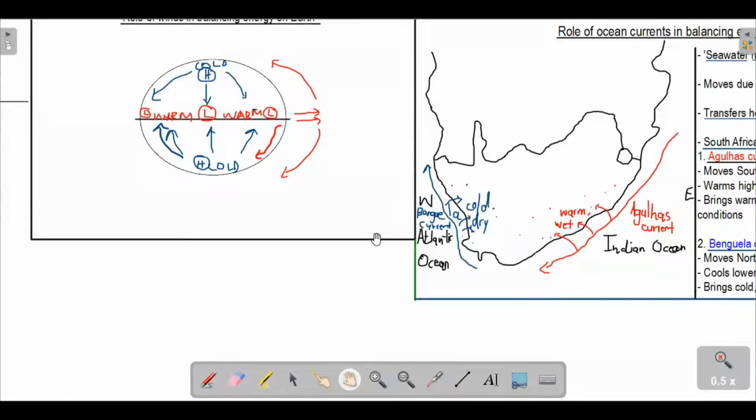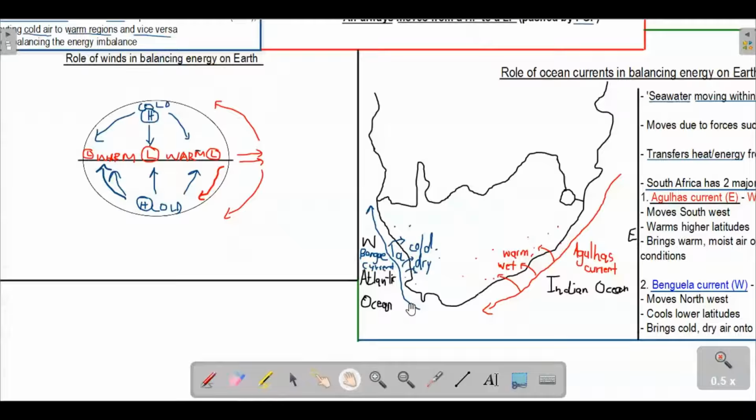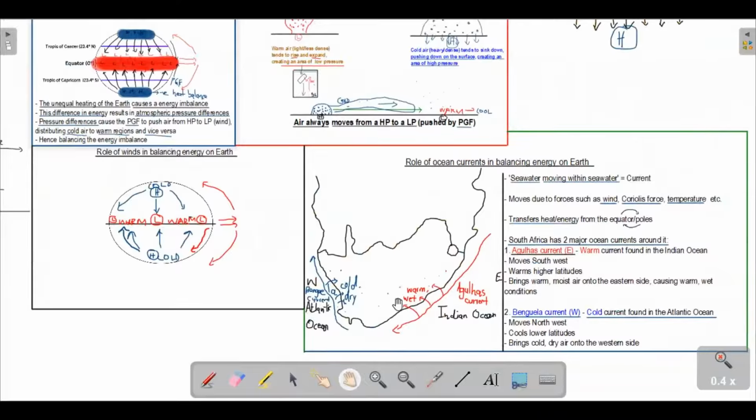So this means that the energy is going to be balanced, guys, because cold conditions from the higher latitudes are taken to warm low latitudes, and the warm conditions from the lower latitudes are taken to the higher latitudes, which are relatively colder. So energy is distributed and balanced in that manner.